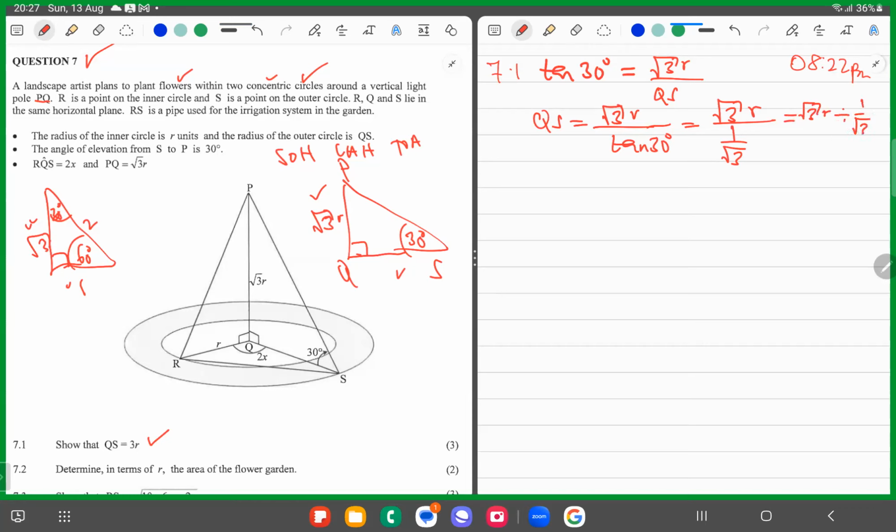Then the square root of 3 R divided by 1 over the square root of 3 gives 3R, which means QS is 3R, as the examiner wanted this to be shown.